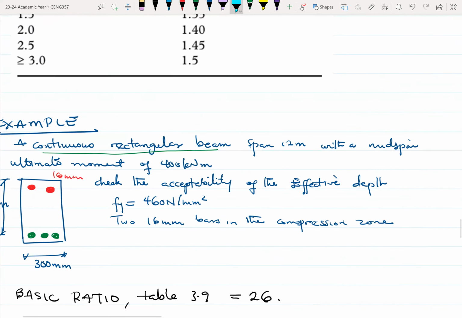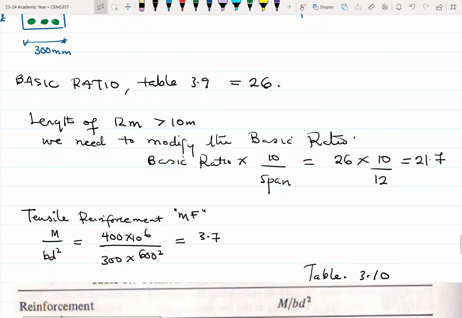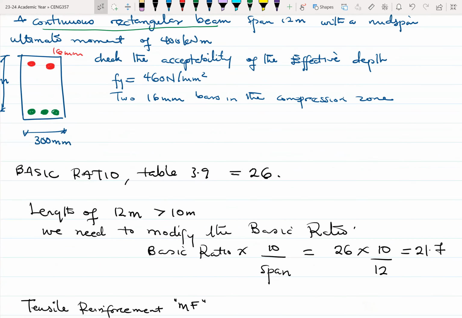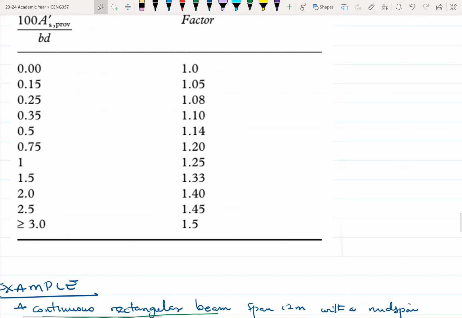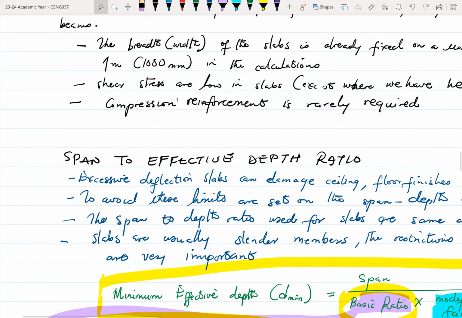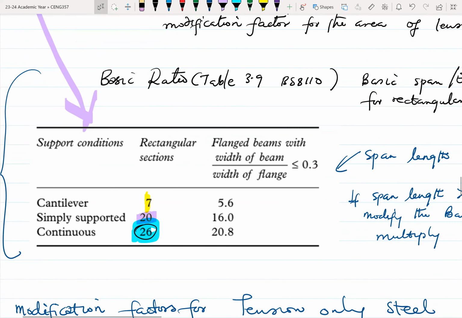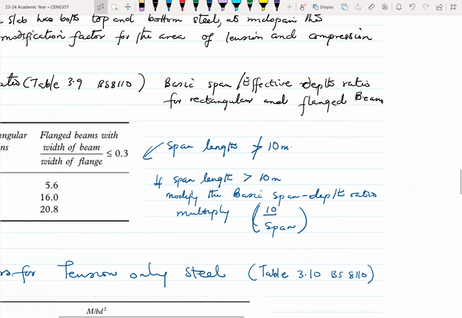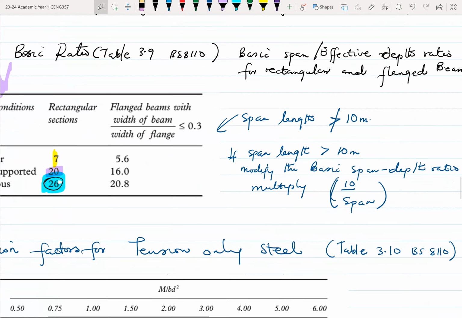Now, table 3.9 is for spans up to 10 meters. Once your span length goes beyond 10 meters, you have to modify even the basic ratio.